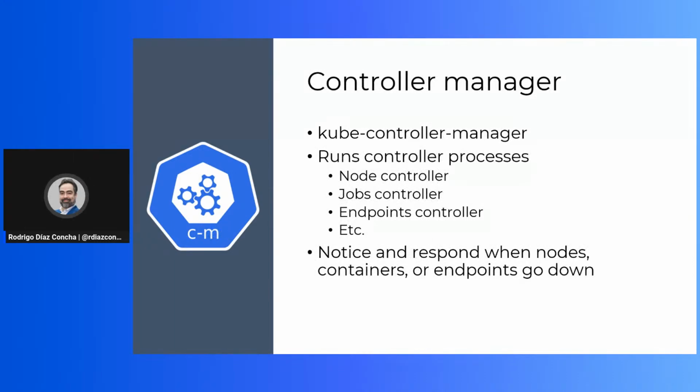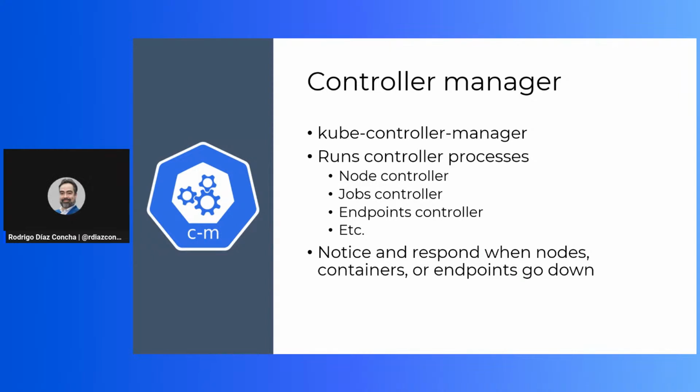And the controller manager, there are many different controllers actually running all the time, and their responsibility is to notice and respond when nodes, containers or endpoints go down. Actually, the controller manager is responsible for verifying that the desired state that you define is the same as the current state in the cluster.